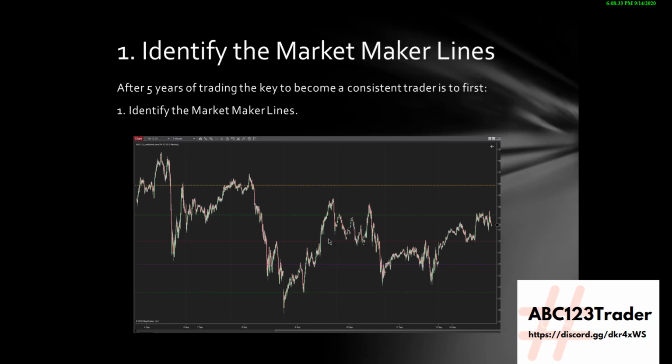So I created an indicator so we can slowly but surely, day after day, record these lines, so we don't have to repaint or redraw. If something happens to your chart, you don't have to keep on changing it. But that, I think, is one of the first things in trading.